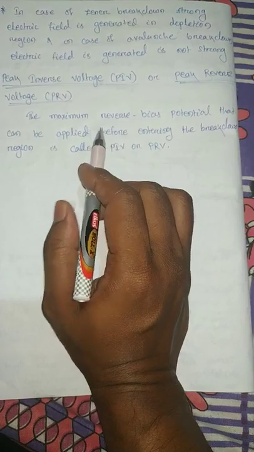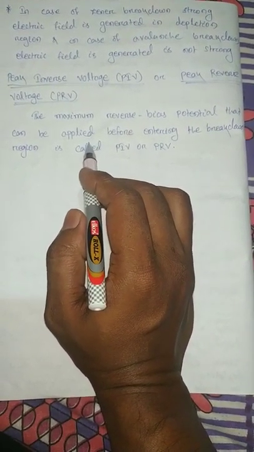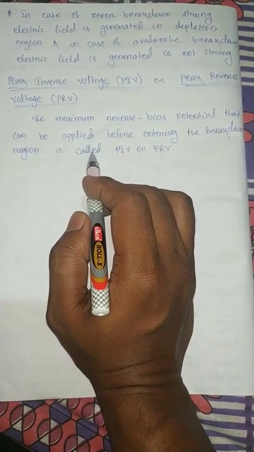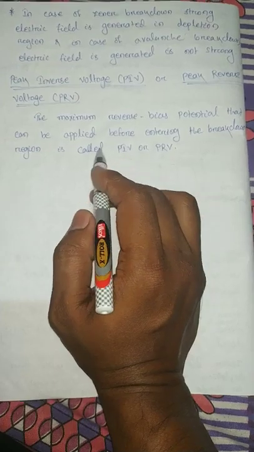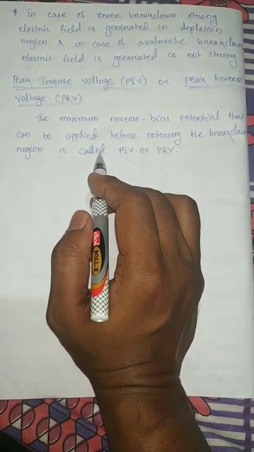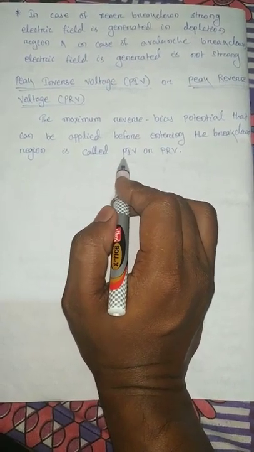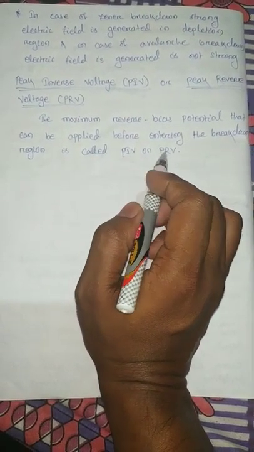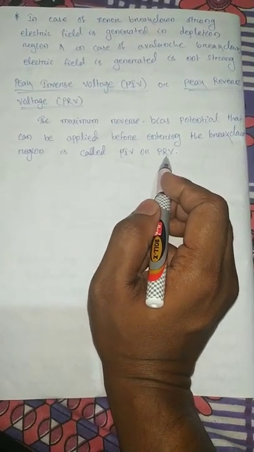It is the maximum reverse voltage that the diode can sustain without destroying the junction. That maximum voltage is known as peak inverse voltage or peak reverse voltage.